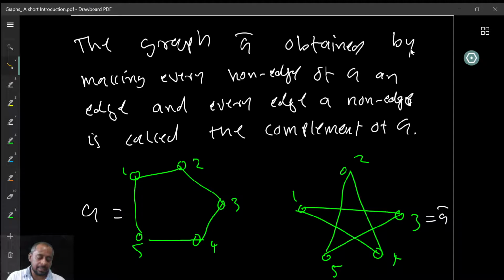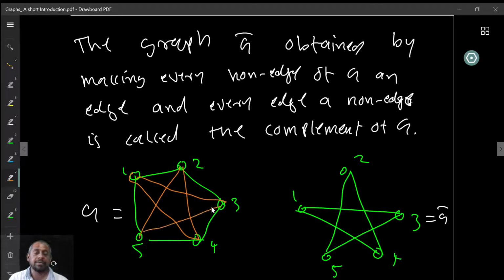So given these 5 vertices, you have this graph. Now what is the complement? Whatever edge is not present here, for example 1 to 4 there is no edge, similarly 1 to 3 there is no edge, 2 to 5 there is no edge, 2 to 4 there is no edge, 3 to 5 there is no edge, right?